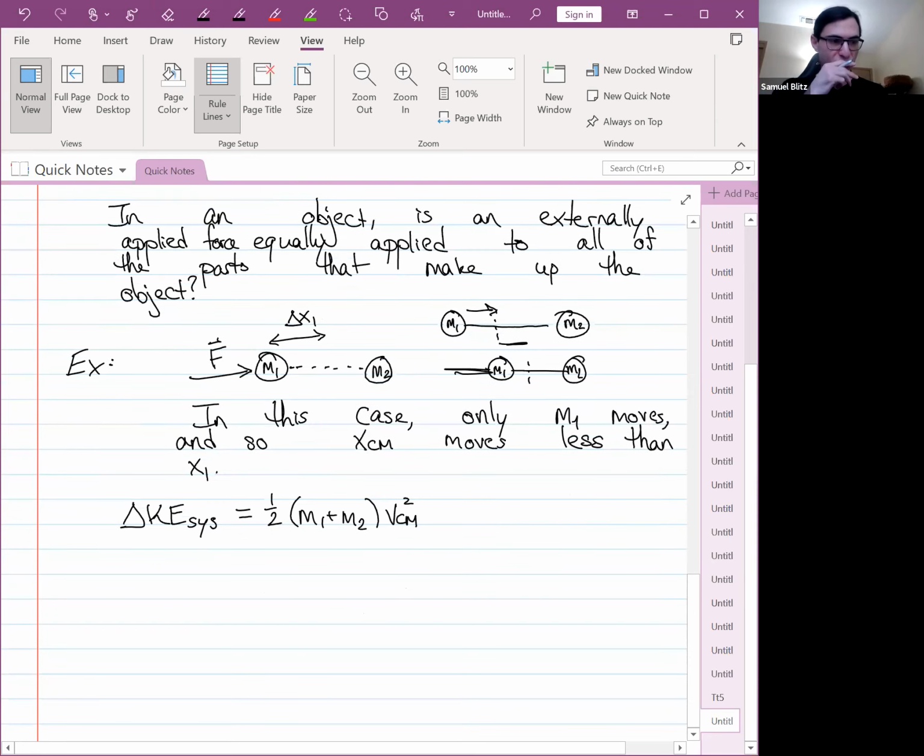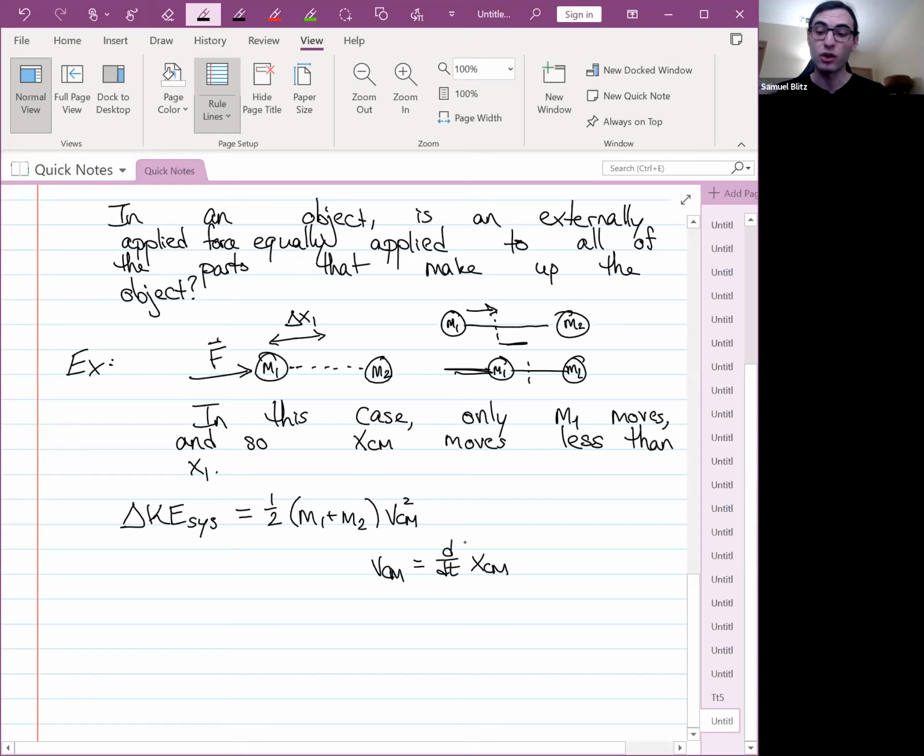And so now we have to think about this a little bit. We would have to do some algebra. We'd have to figure out what the center of mass velocity is and how it relates to the velocity of m1. So remember that v_cm is d by dt of x_cm, and then you could distribute that across.